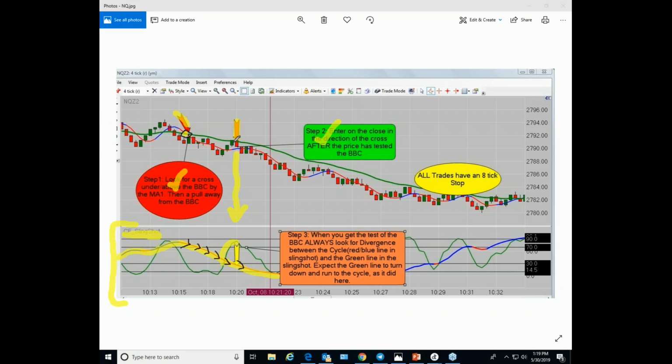We just saw the market do the normal thing, which is pull back to the BBC and then give us the down close. But we also have a red cycle, and the momentum is bearish. Everything is the same color. There's a common denominator here: a red MA, bearish cross, red candle, and a red cycle.